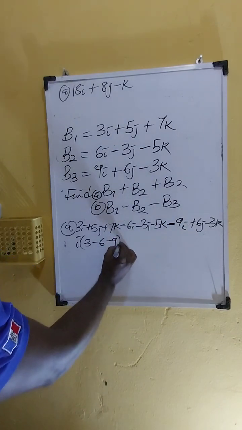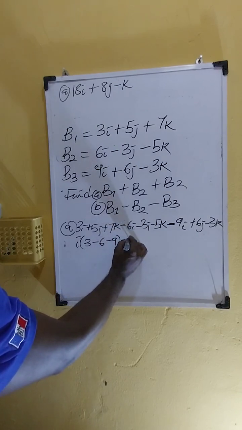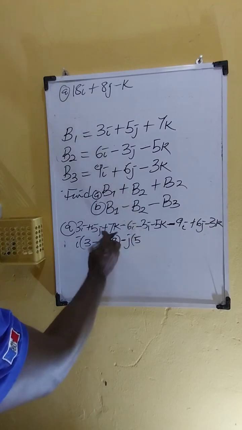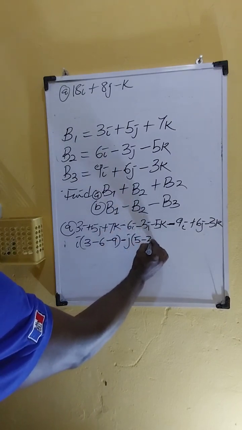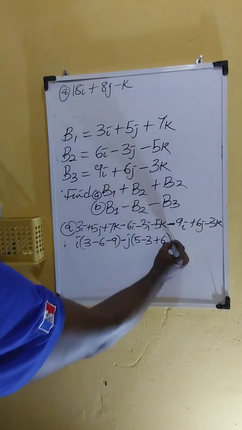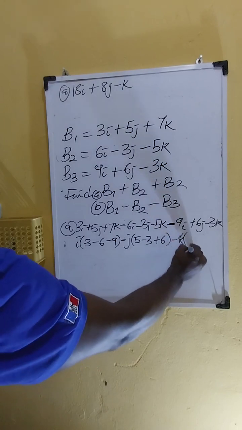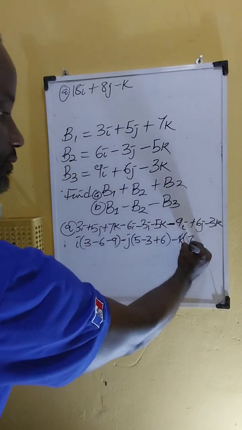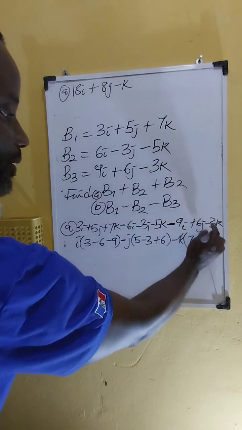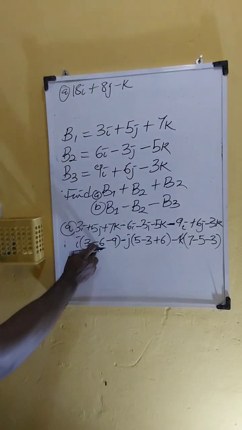Minus 9. Remember it's minus that will come in. Then the next is J. The next 5 minus 3 plus 6. K. 7 minus 5 minus 3. So we go 3 minus 6 minus 9.